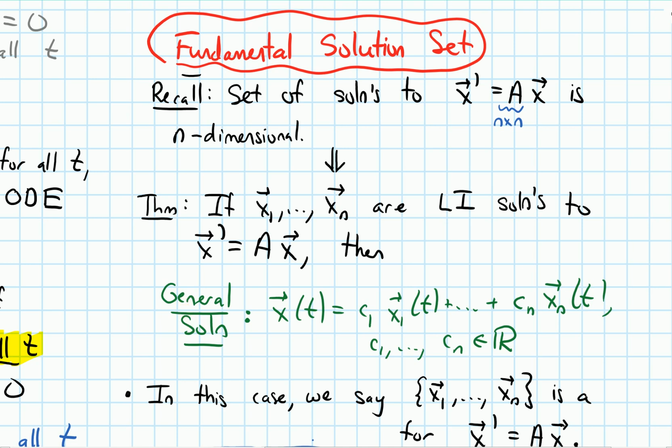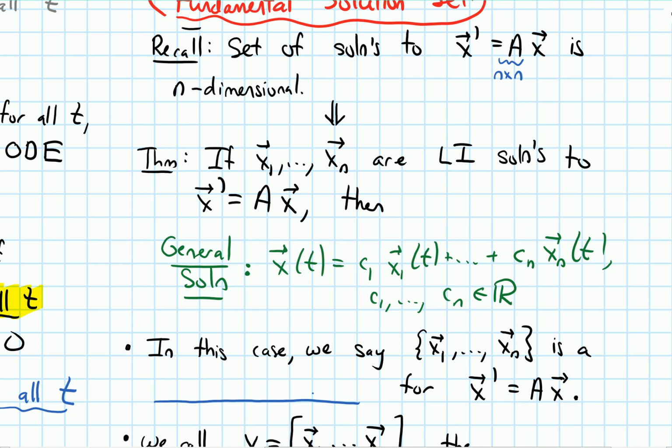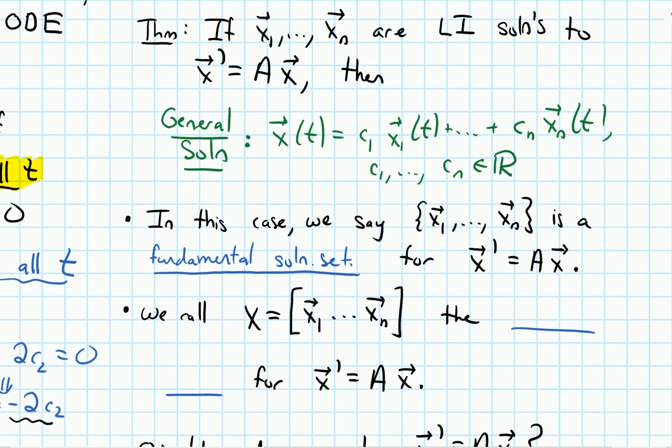Okay, so in this case, we say that the set of these n linearly independent solutions, x1 up to xn, we call this a fundamental solution set for our linear system of ODEs, x prime equals A times x. Sometimes we take those n linearly independent solutions and put them into a matrix as the columns.